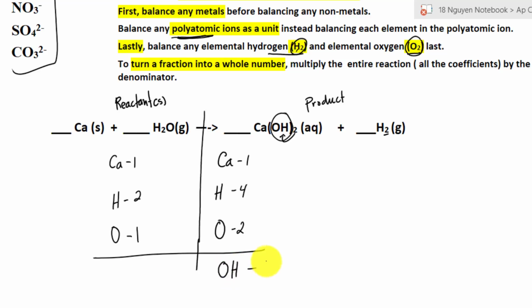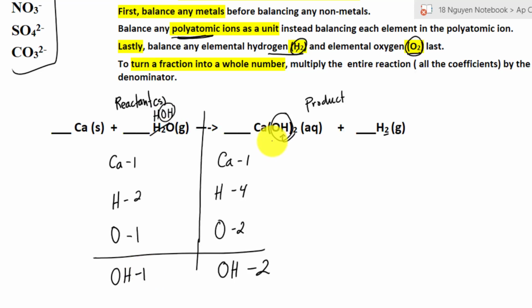How many OH do I have? 2. Well, over here, there must be an OH somewhere, and that is coming from here. This water is actually HOH, and this is the polyatomic ion right here. So we're going to make an additional list on this, okay? This is our main list, but this is something that we're going to use polyatomic ions to balance. In this case, how many OH do we have? We just have one, okay?